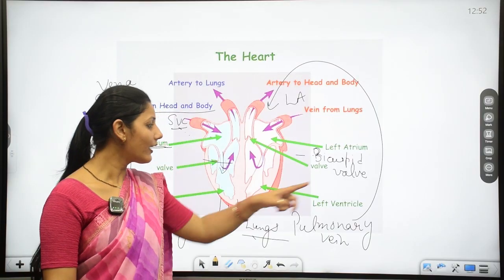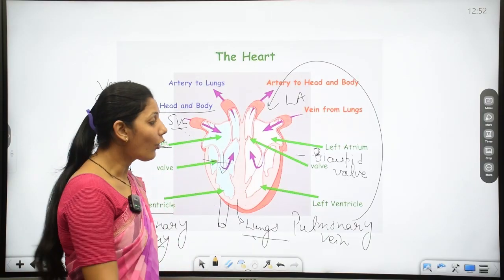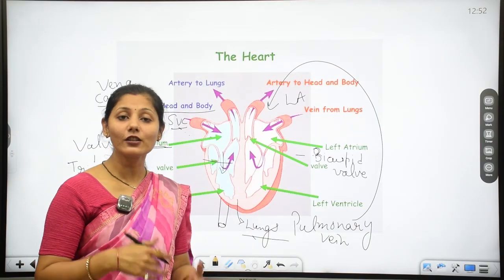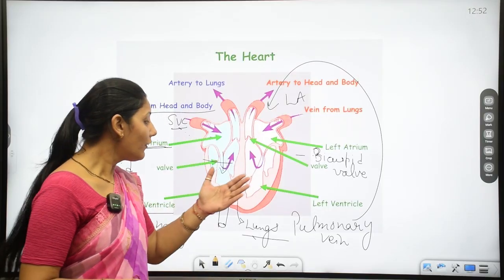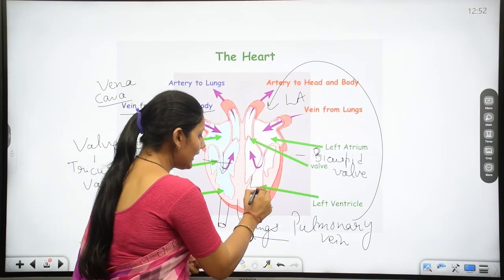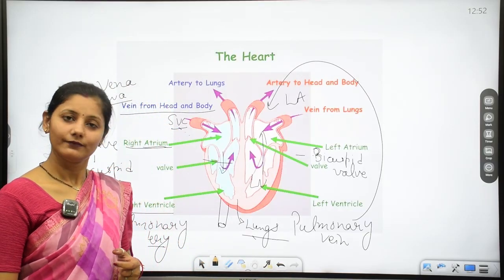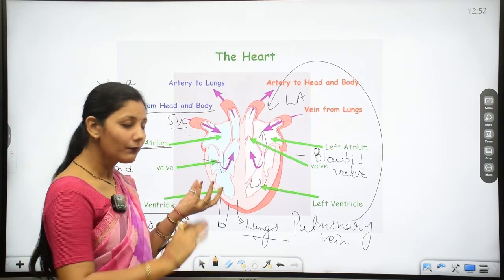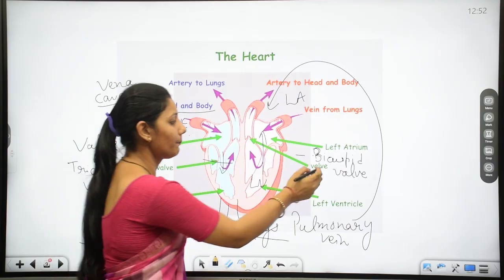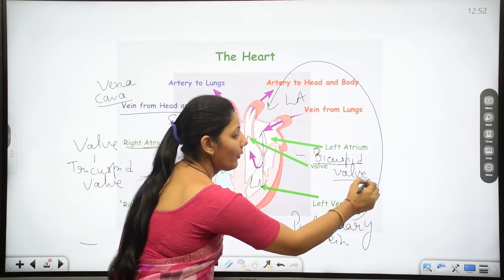That is why this is known as bicuspid. So this valve prevents the backflow of the blood from the left ventricle to the left auricle. Okay, blood cannot flow back because this valve is present.